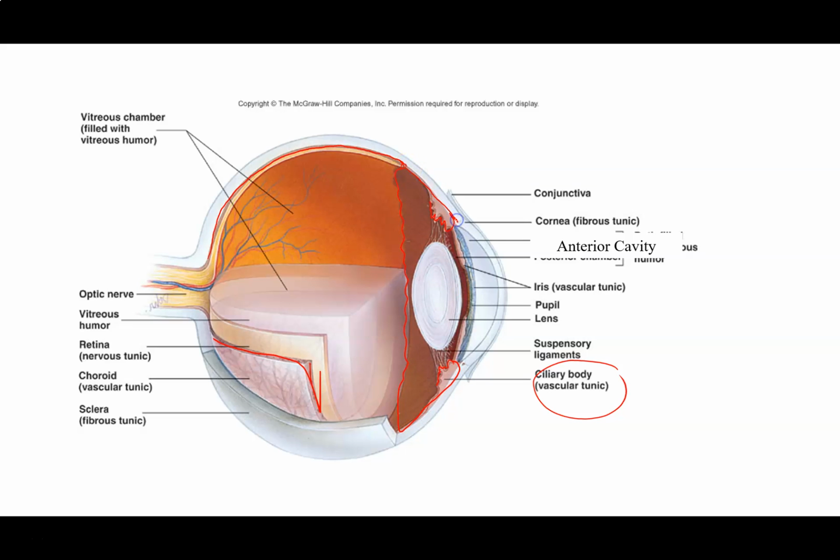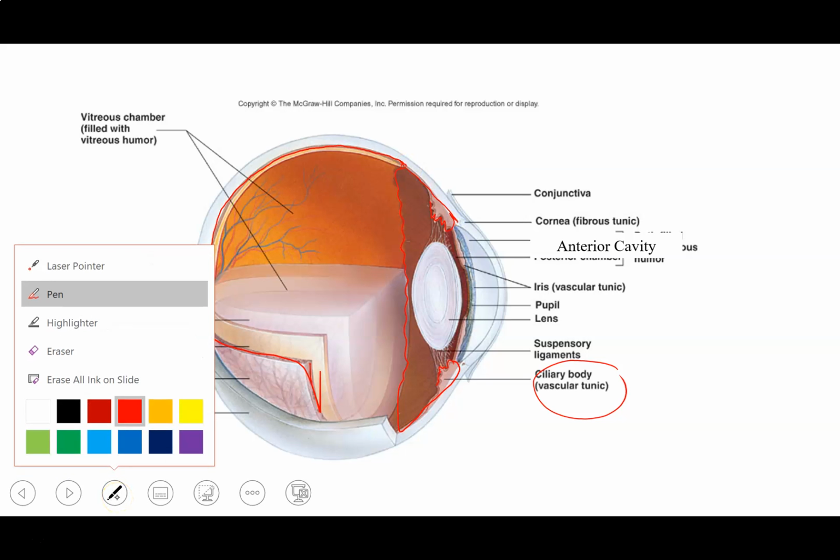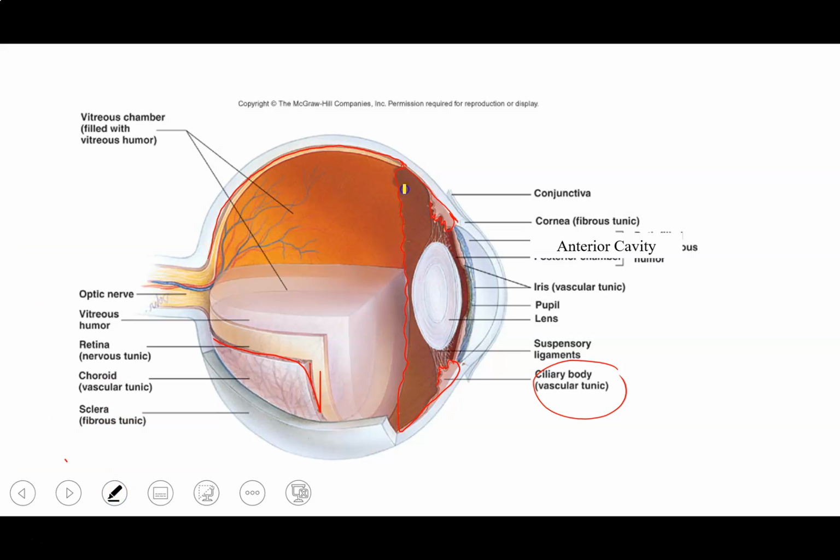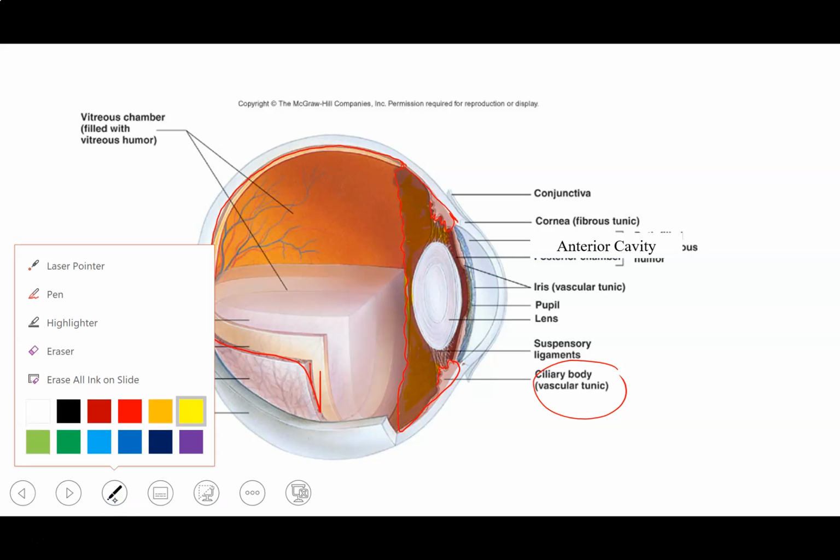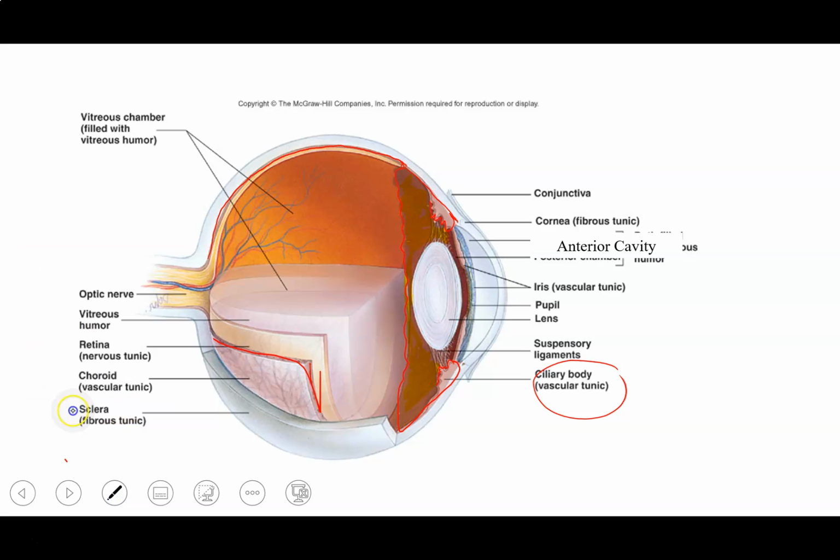And so all of that area that I'm highlighting here, that is all ciliary body. The ciliary body has two parts: the ciliary muscle, which pulls on the suspensory ligaments, and the ciliary process, which produces a fluid known as aqueous humor.